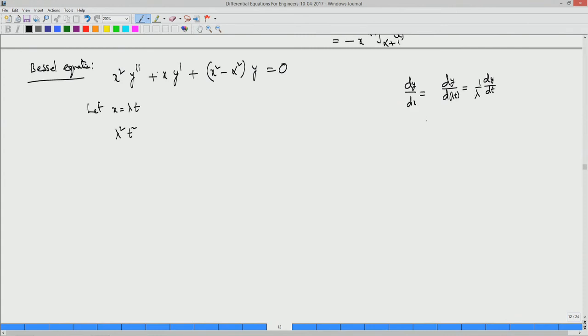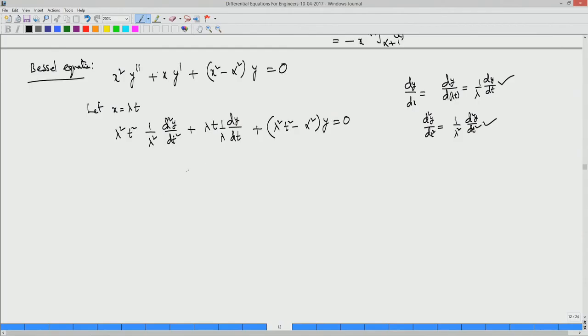Similarly, d square y by dx square is equal to 1 by lambda square times d square y by dt square. So with x replaced by lambda t, dy by dx is 1 by lambda times dy by dt, and you get plus (lambda square t square minus alpha square) into y equal to 0.